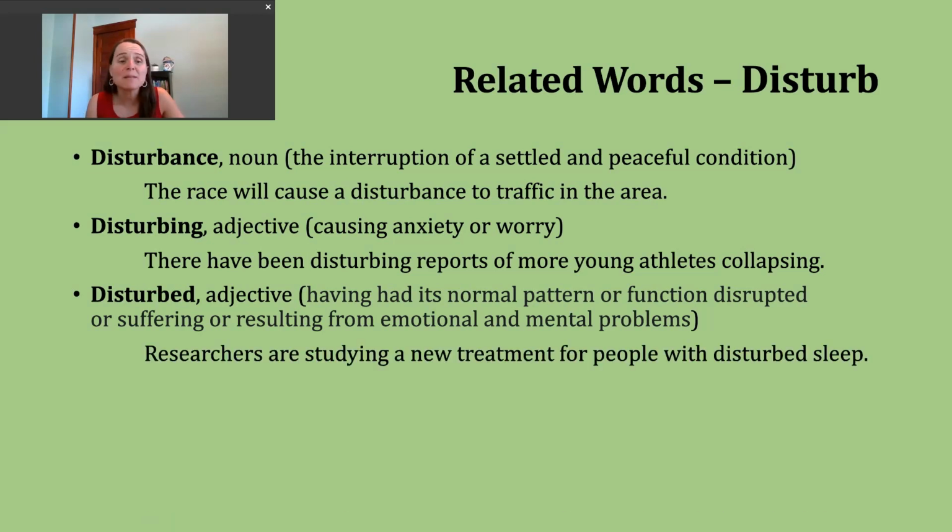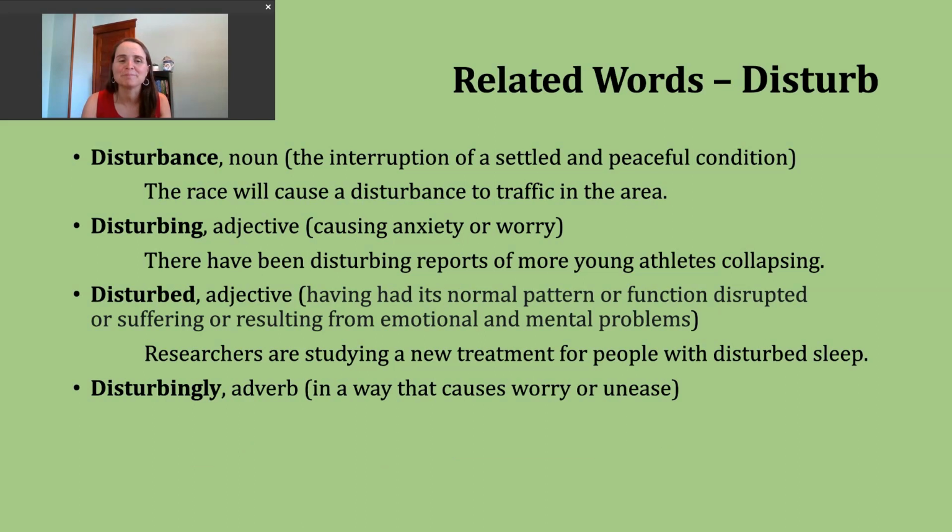Okay? An example of this might be, researchers are studying a new treatment for people with disturbed sleep. Right? So in this case, the people here have sleep that is disrupted or interrupted. Okay? I hope that discussion there helps, not only using these two adjectives, but others in the future.